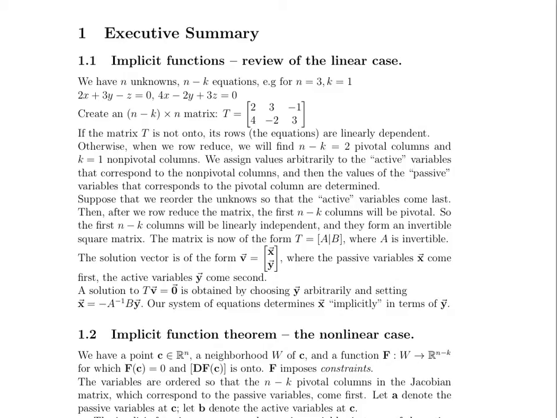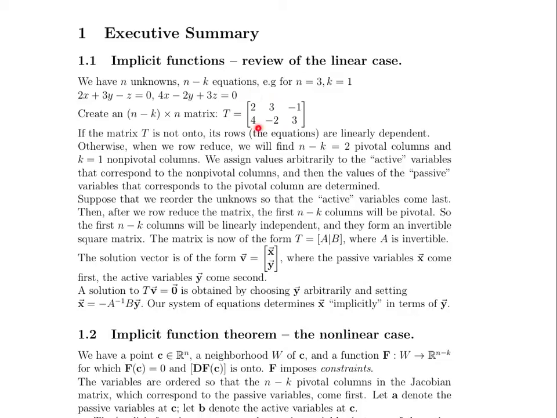We assign values arbitrarily to the active variables. They correspond to the non-pivotal columns, and the pivotal columns are the passive variables. So suppose that we now reordered everything. We reordered the unknowns so that the active variables come last and the passive variables come first. And so now, if we did that and instead we had passive, passive, active, we would have up here these n minus k columns, because they row reduce into pivotal ones.